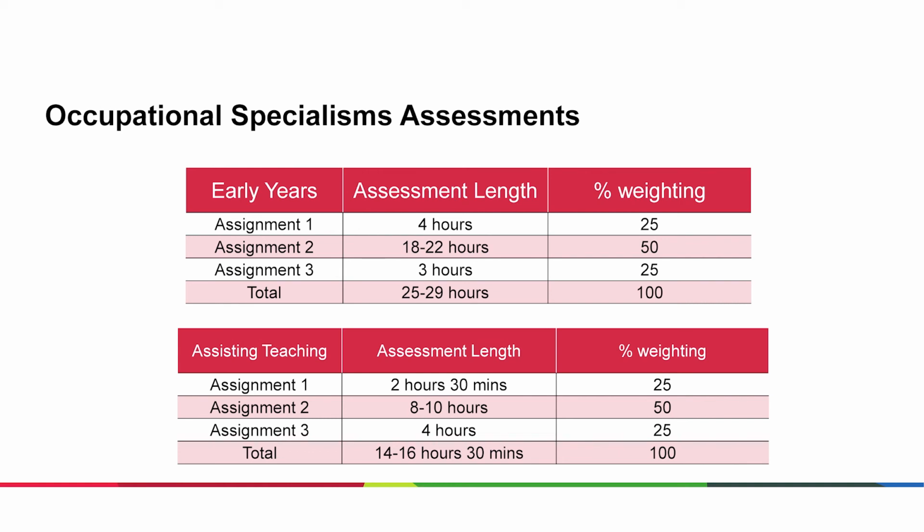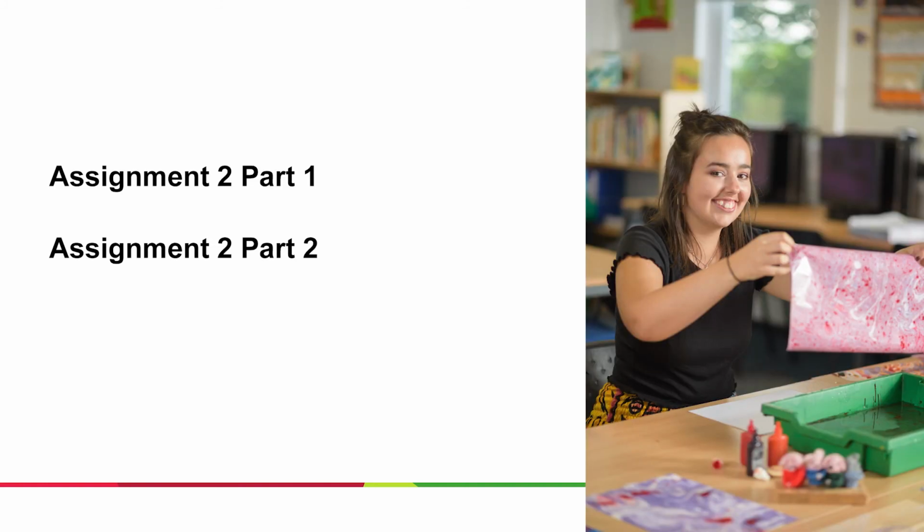So let's just have a little think about Assignment 2 Part 1 and Assignment 2 Part 2 for the early years. Students that are following the early years occupational specialism will receive a qualification that meets the EYE criteria.